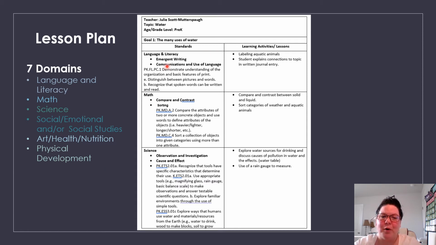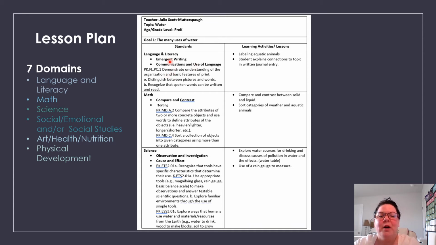So our first goal is to learn the many uses of water. Like I said, this would be our second phase, after we've already gone to the treatment plant facility and we've already discussed what we know about it and what we want to learn.